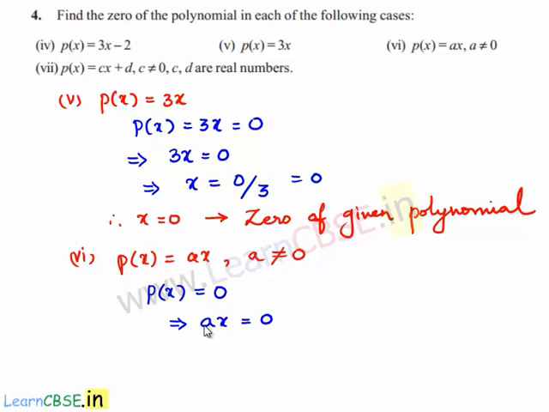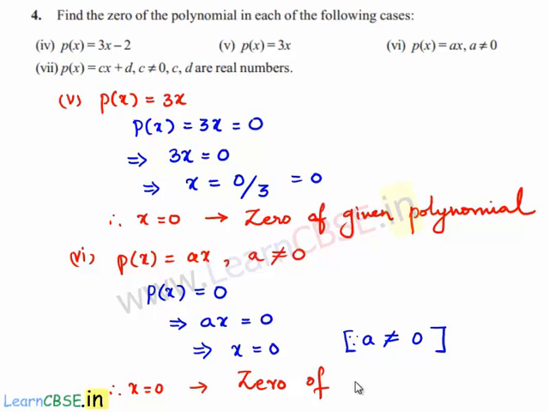Now we can judge that a is not equal to 0 because it is mentioned in the question. So x must be surely equal to 0 because a not equal to 0. Therefore, x is equal to 0 is the required 0 of the given polynomial p of x.